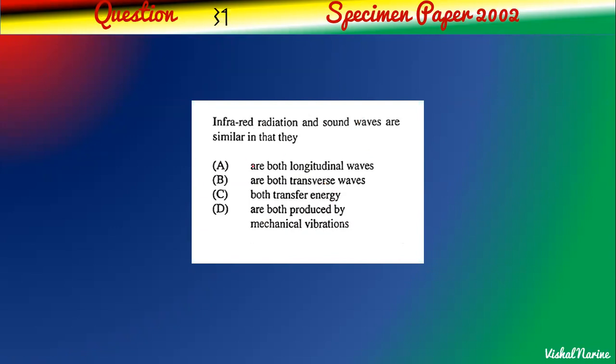Sound is longitudinal, and infrared radiation is transverse, so these two are incorrect. They both transfer energy. Well, yes, that is actually a definition of wave. This is the correct answer. D is wrong because mechanical vibration only produces sound waves.